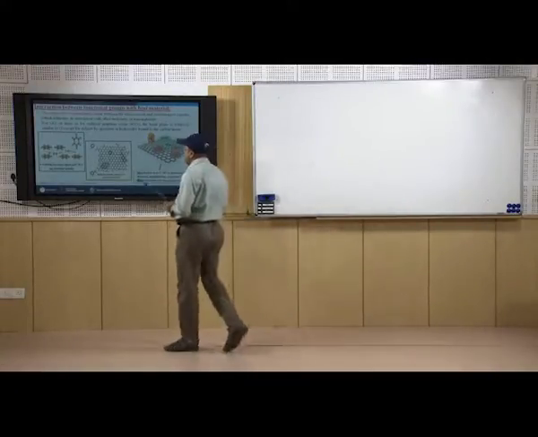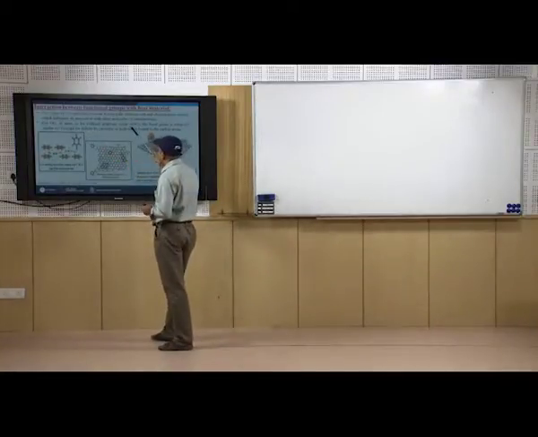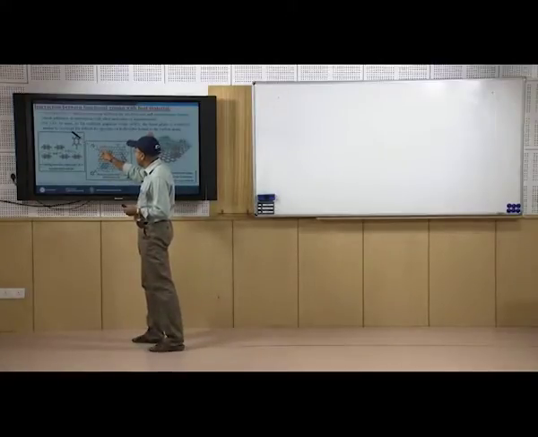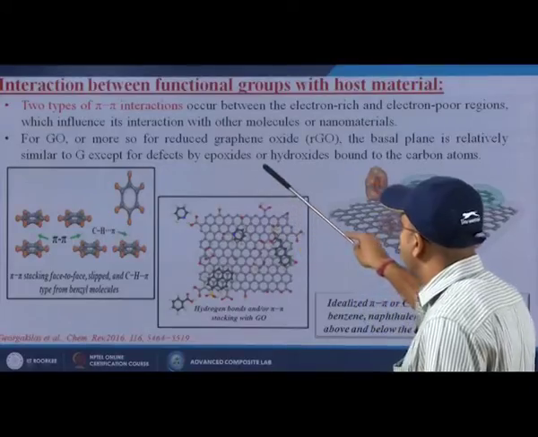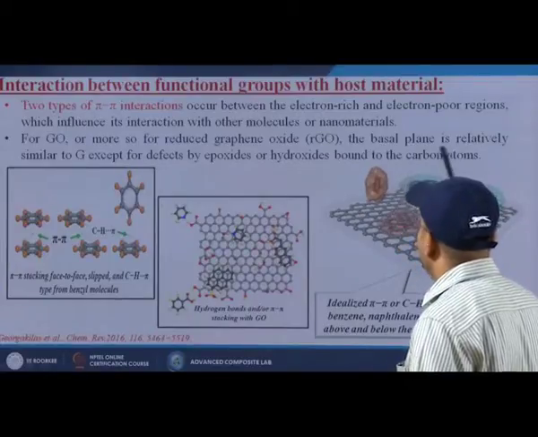For graphene oxide or more so for reduced graphene oxide, the basal plane is relatively similar to graphene except for defects by epoxides or hydroxides bound to the carbon atoms.